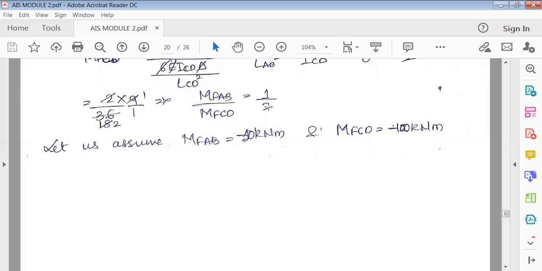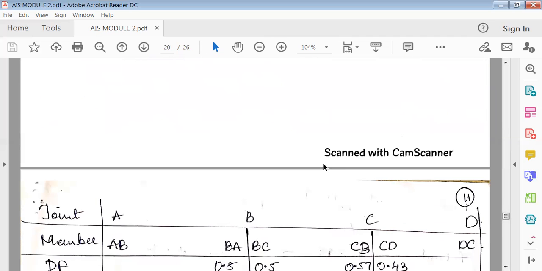No problem, the choice is yours because these are just assumed moments. The most important thing is that whenever you take these moments, they should have a negative sign. Though you get the ratios as positive, you have to take the fixed end moments as negatives. So it is minus and minus. Now these are the moments which we are going to use in the moment distribution table.